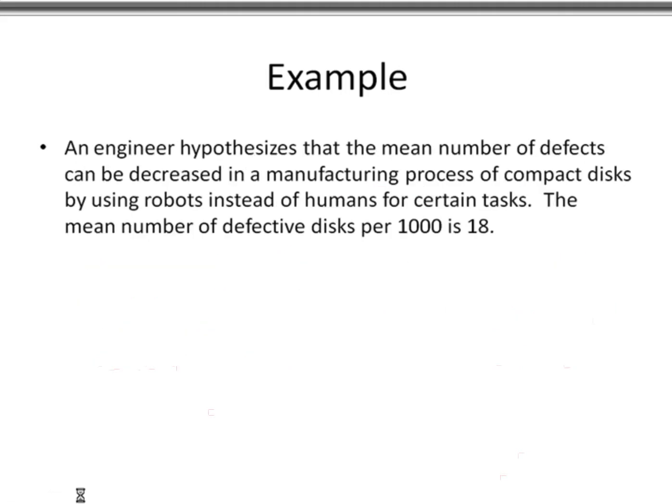Okay, so let's look at the second example. An engineer hypothesizes that the mean number of defects can be decreased by using robots instead of humans for certain tasks. The mean number of defective disks per 1,000 is 18.